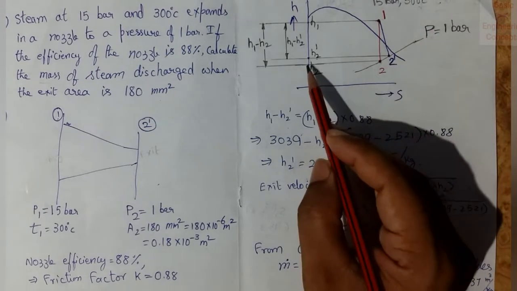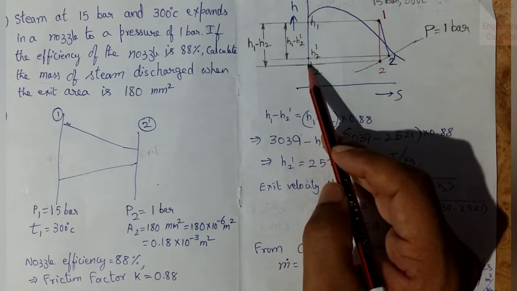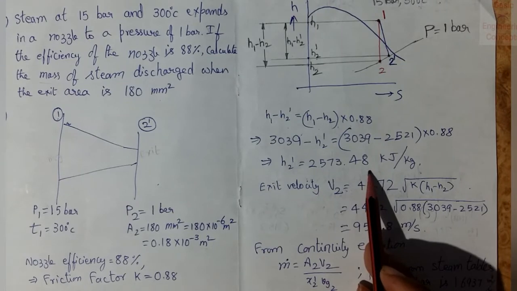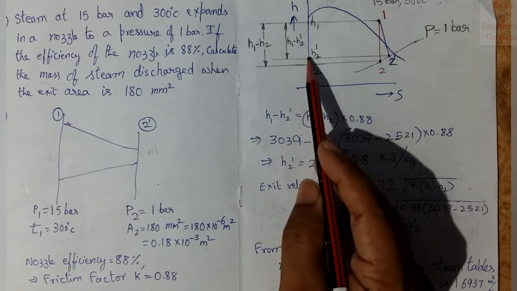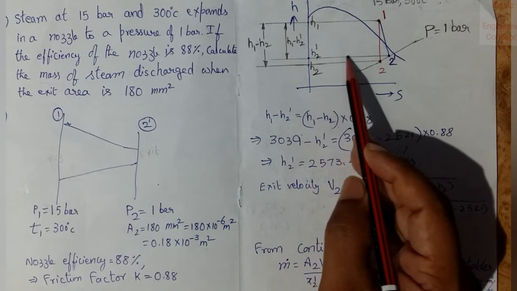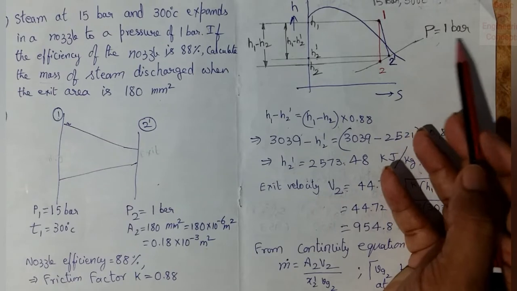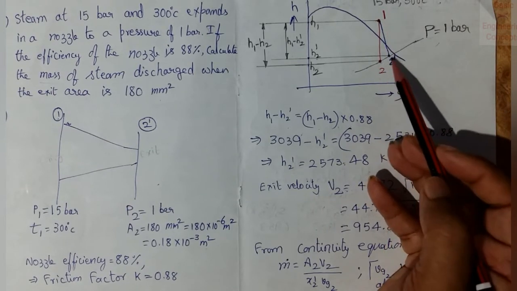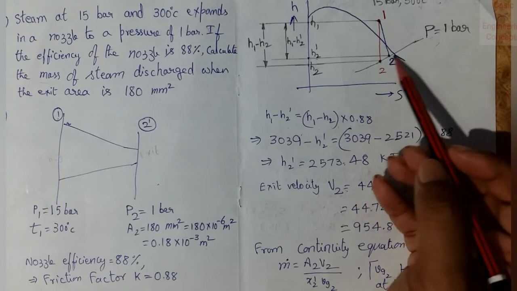So you find the value of H1 and H2. After finding H1 and H2, find H2 dash. After finding H2 dash, put the point here and draw a horizontal line to meet again the line P equal to 1 bar at 2 dash. So we will obtain 1, 2 and 2 dash.